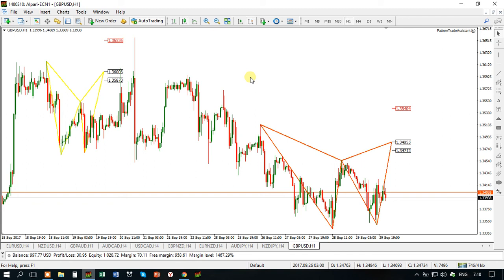To draw some patterns, you had to use lines like this: first line, second line, and the third line, and then you had to go to Monster pattern search, double click on that, set the custom swing to true, and analyze the lines you've drawn. So no more of this suffering. So the Monster pattern search became even more convenient.